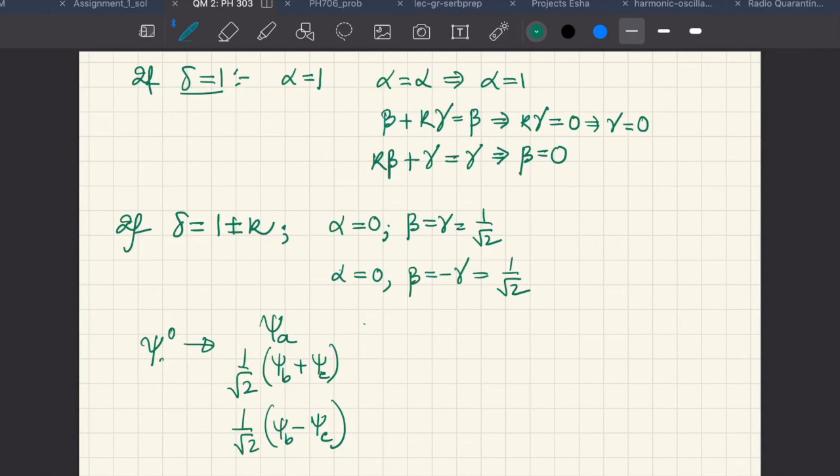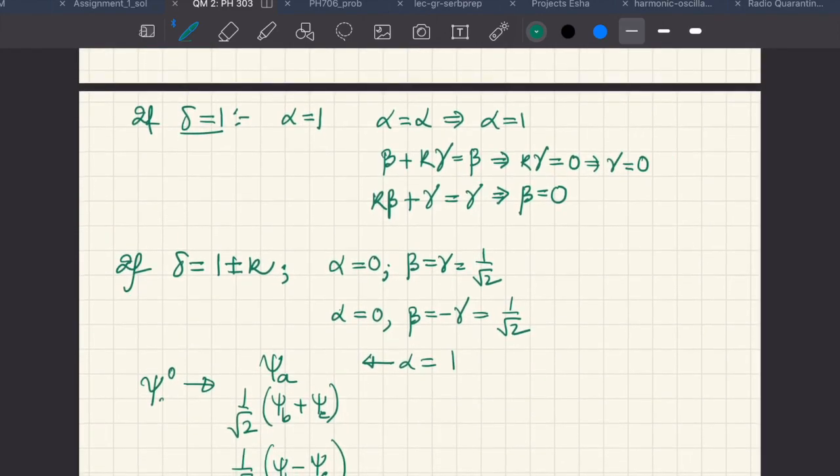So this is corresponding to alpha equal to 1, the first case when delta is equal to 1, gamma and beta are 0. Similarly, this corresponds to alpha 0, then there is no psi A part in this combination, and beta gamma are 1 by root 2, it's normalized, and this corresponds to again alpha 0 and beta equal to minus gamma equal to 1 by root 2. So these are the different combinations that you will get.